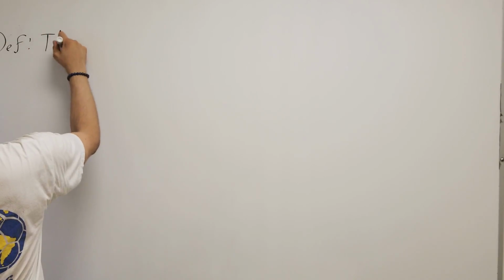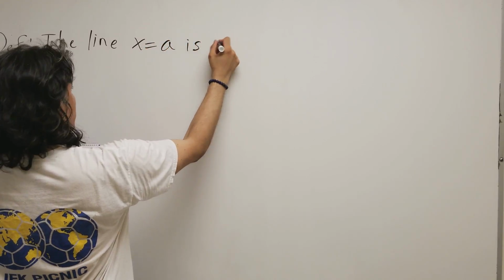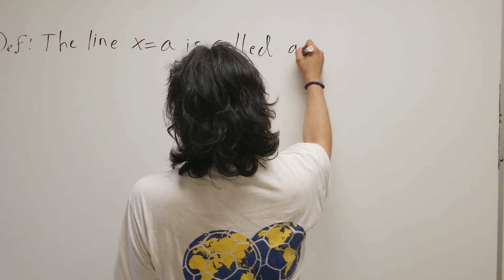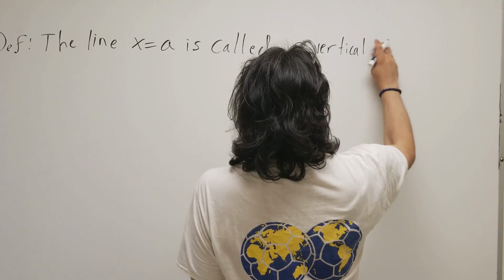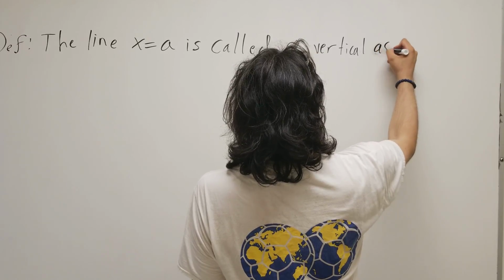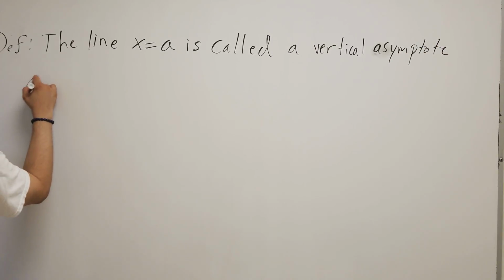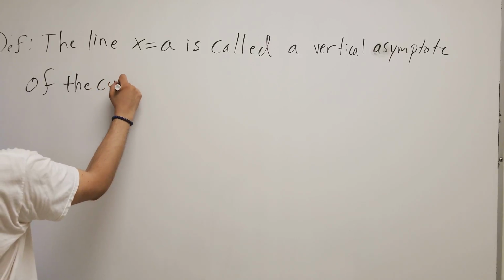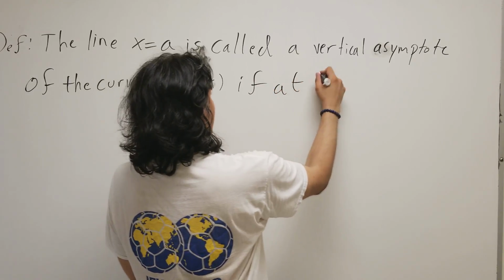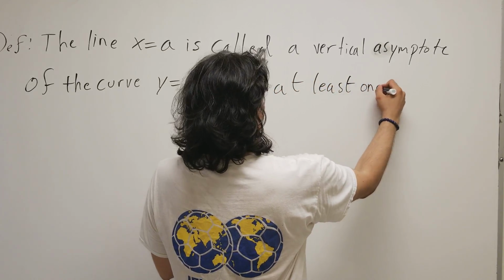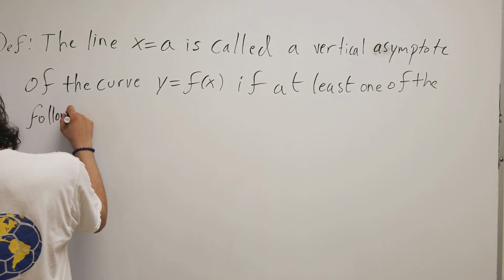The line x equals a is called a vertical asymptote, spelled like this, of the curve y equals f of x if at least one of the following statements is true.